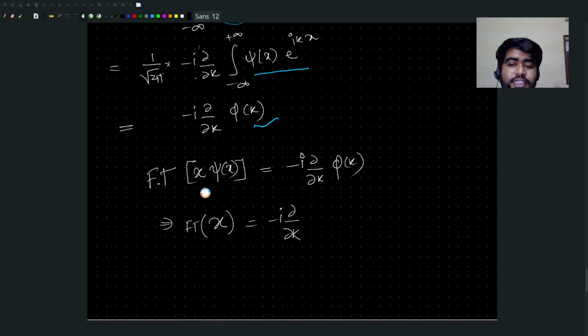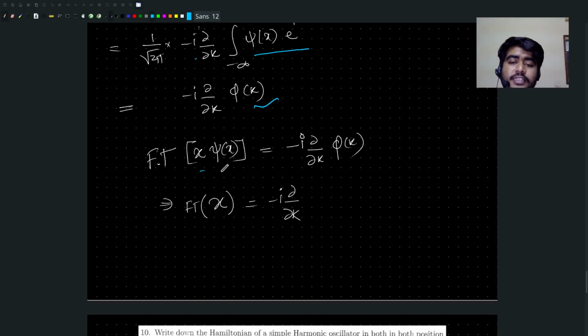So we see that if you do a Fourier transform of x times psi x, then it becomes just minus I del k. So from this we conclude that if you do a Fourier transform of x, then that becomes an operator like minus I del k in the momentum space or in the wave vector space.